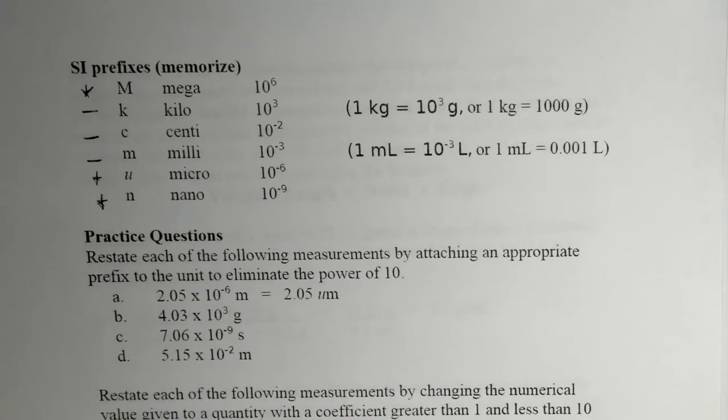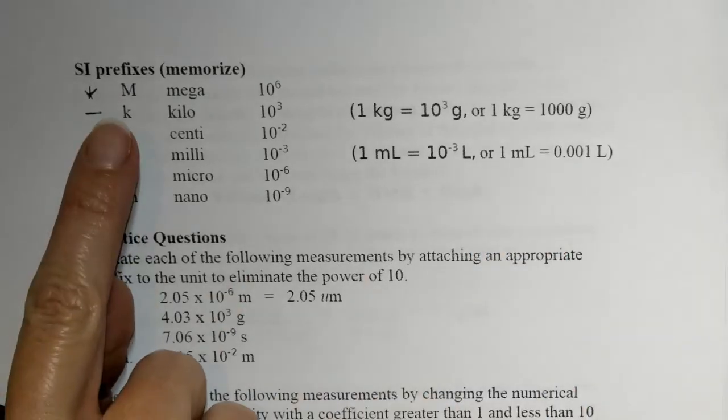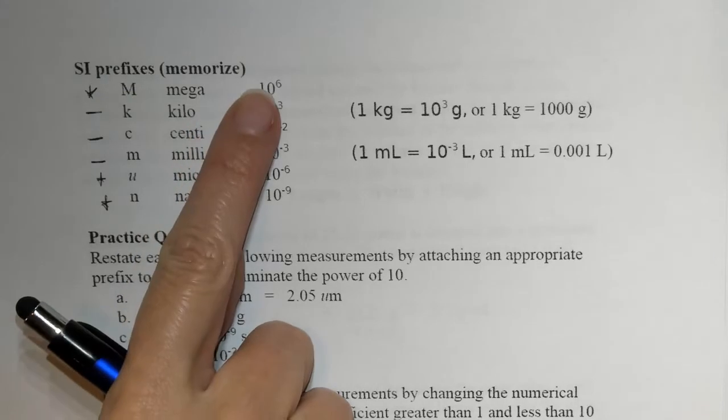The way that general chem textbooks approach this is a little bit different than how I taught it face-to-face. I'm going to take the milliliter example just because I have it written here. The way these textbooks do it is basically when you see the prefix, you can substitute the power.